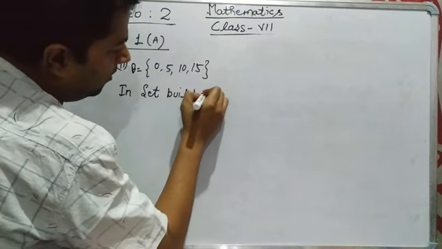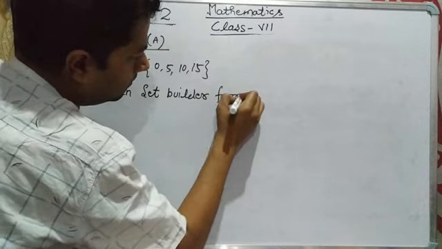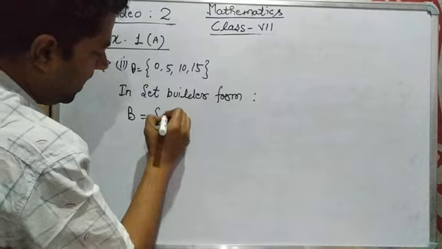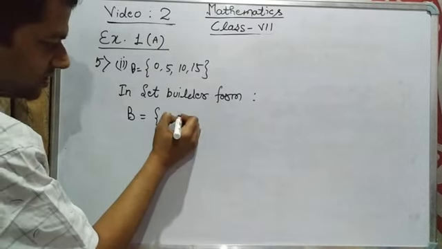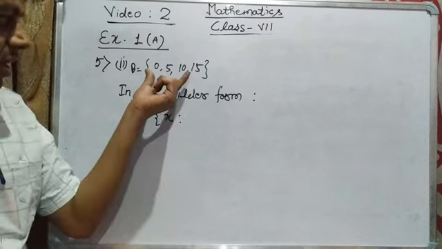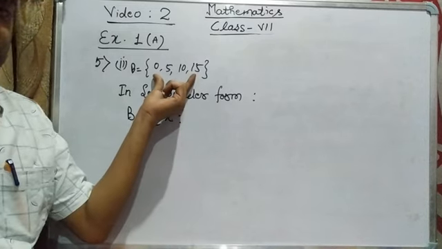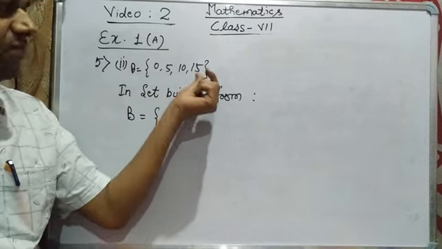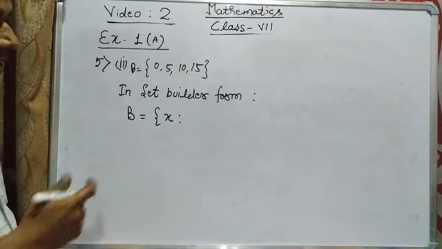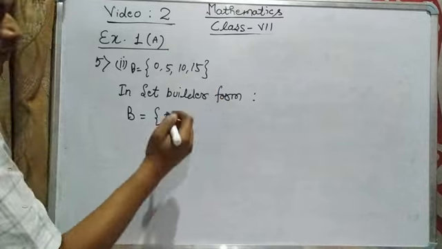In set builder form, B = {x such that ...}. Find the common property of all elements. Given elements 0, 5, 10, 15, all are multiples of 5.